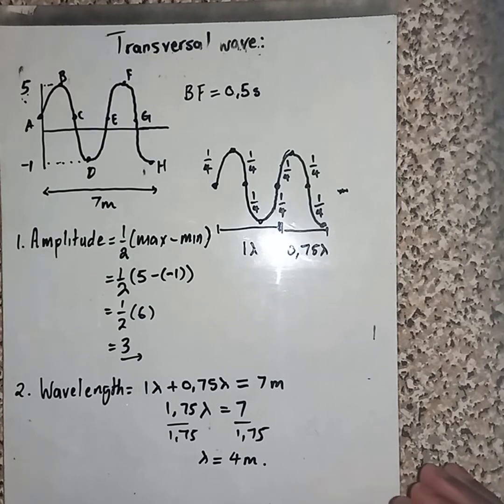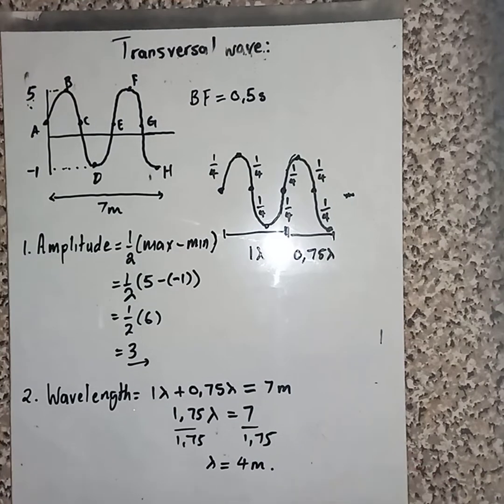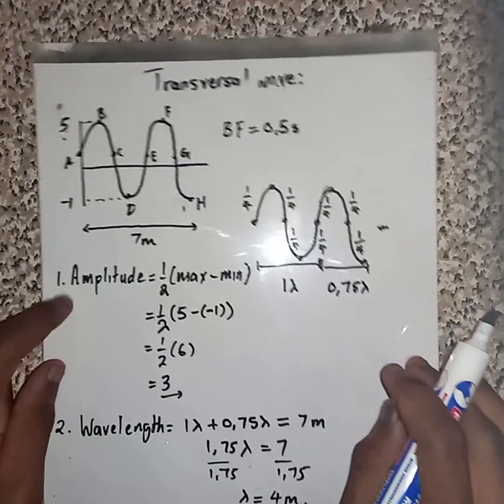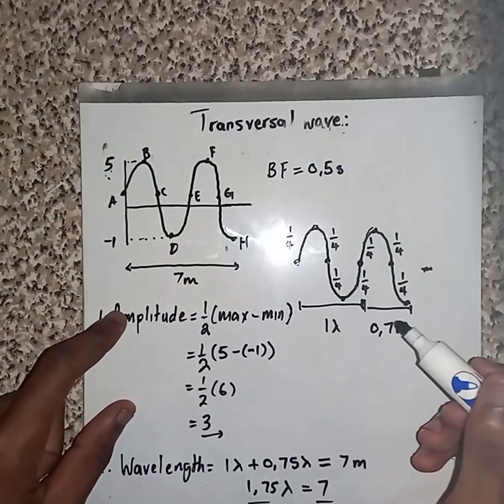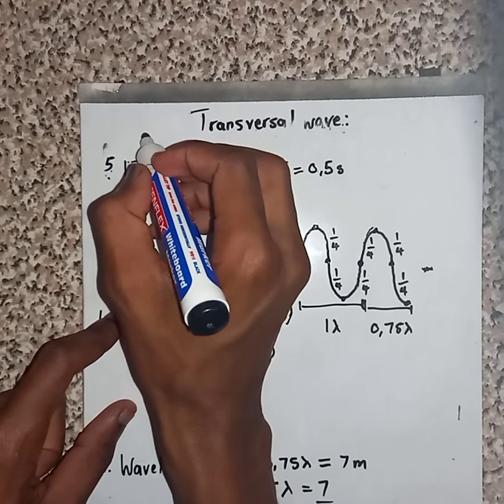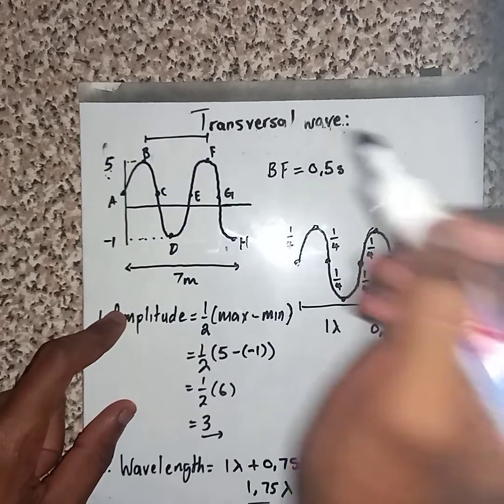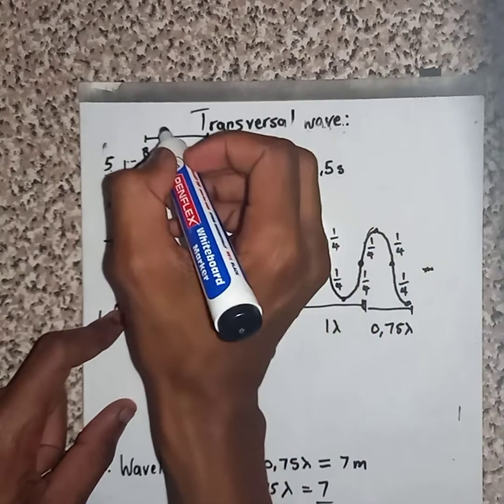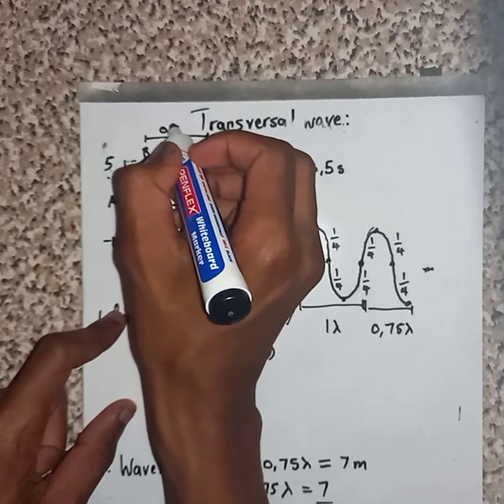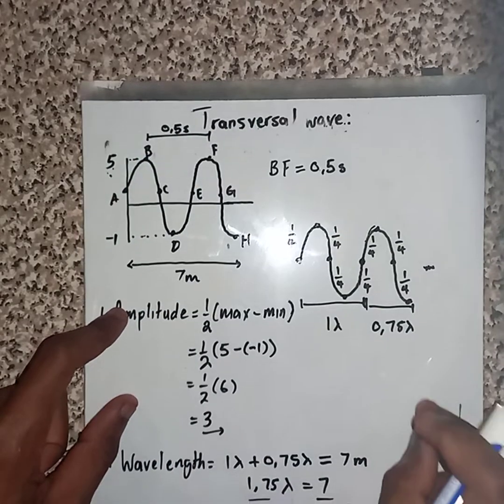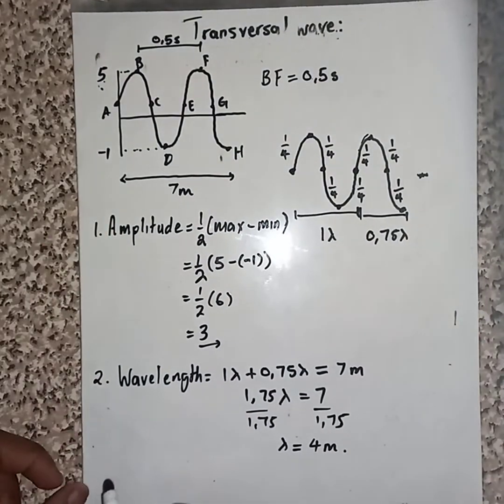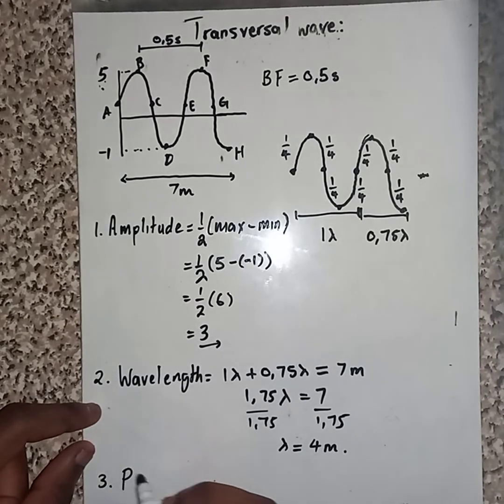Then now, check. They also gave us that from B till F, it's 0.5 seconds. Now, the third question that will follow is for us to determine what? The period.